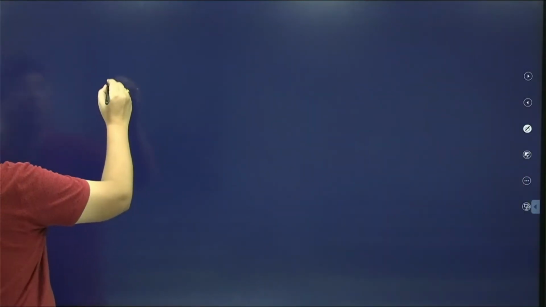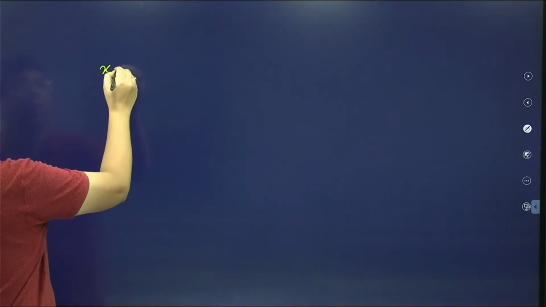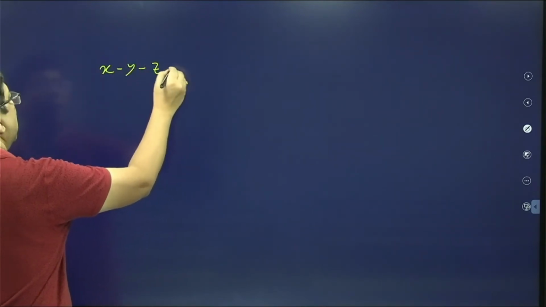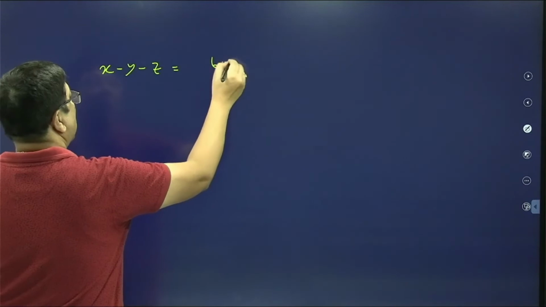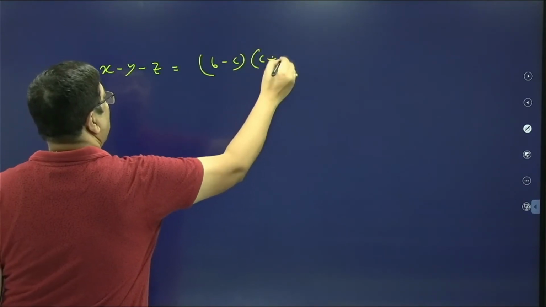So in the similar method we can say x minus y minus z is b minus c into c plus a.